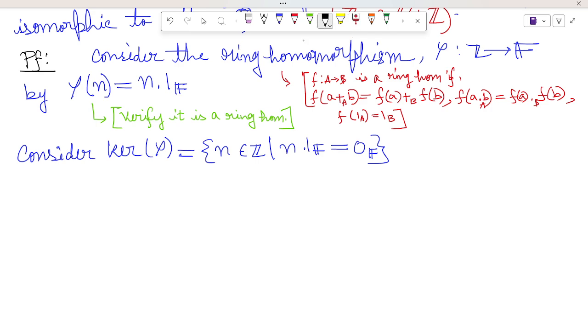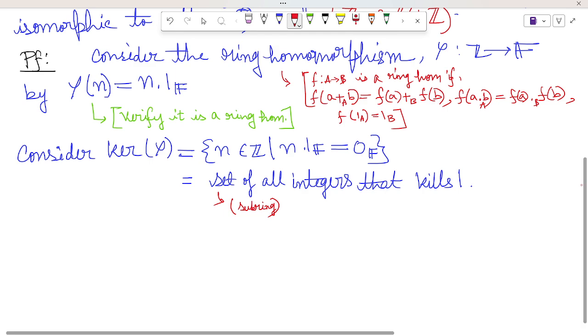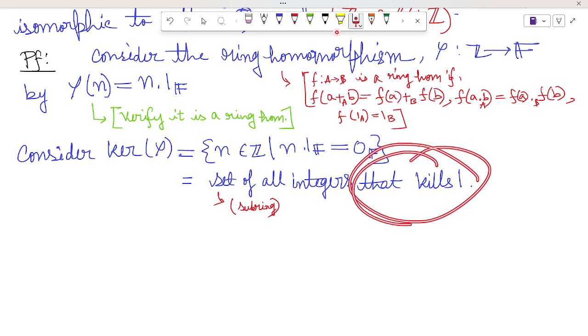Now there are two cases. This is precisely the set of all integers that yield 1, that is, that kill 1.